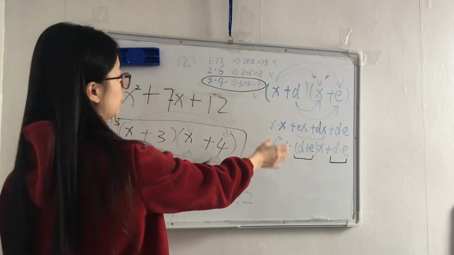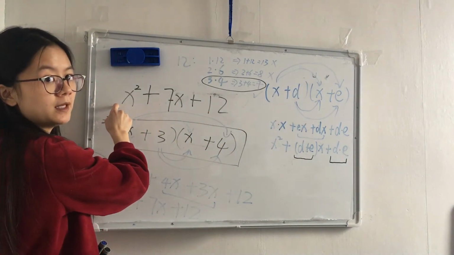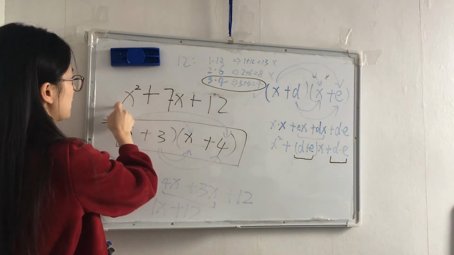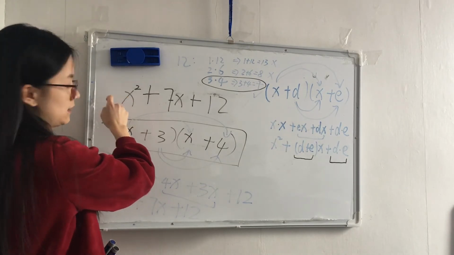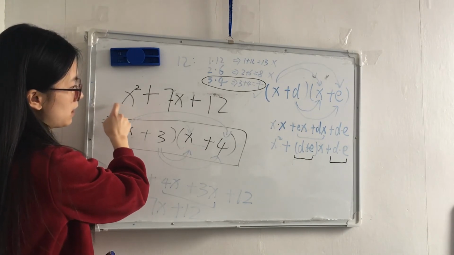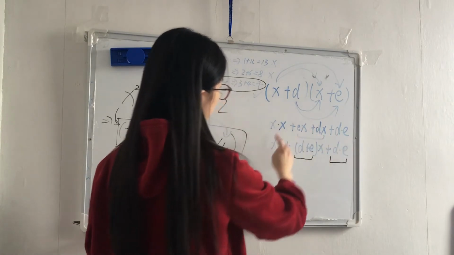method only works when the leading coefficient here, the a term, is equal to 1. Okay, there is no number bigger than 1 in front of the x squared. So when the leading coefficient is 1, no other constant, then we apply these strategies.